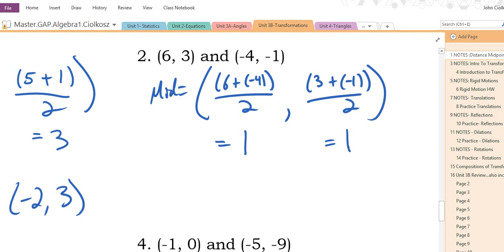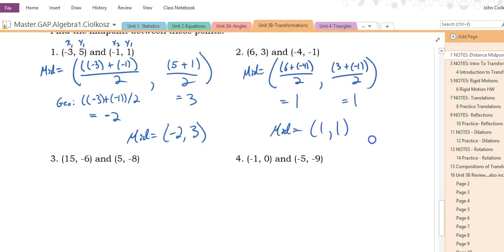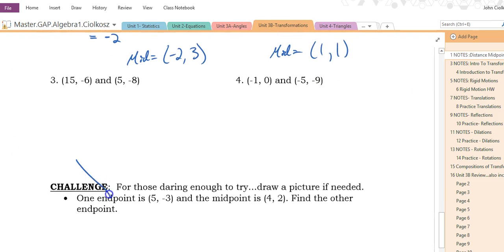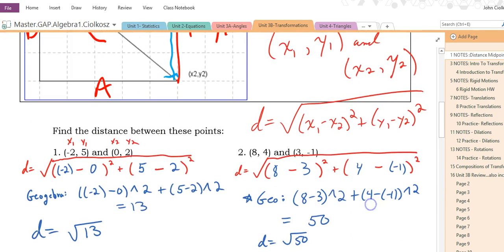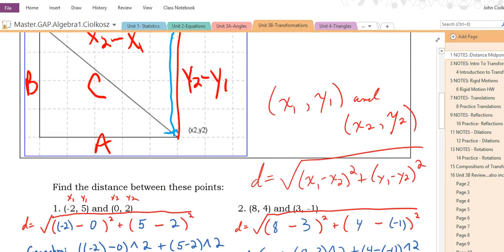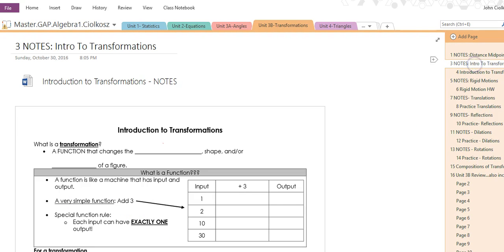So, my answer, 1, 1. So for your homework now, you are completing this 3 and 4. Don't worry about the challenge, as well as this 3 and 4. Once you have done so, we're going to go ahead and move on. Notice the number 2 is not in here. My bad on that, so don't be confused. It's not supposed to be there.